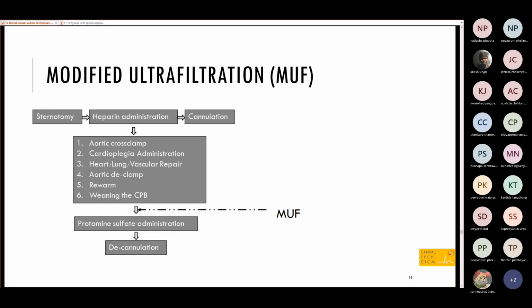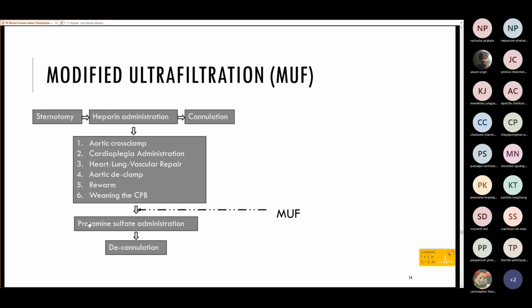The next procedure that might be useful for you is called MUF, the modified ultrafiltration process. Both CUF and BUF are used during the CPB, but MUF is used after we stop the pump.